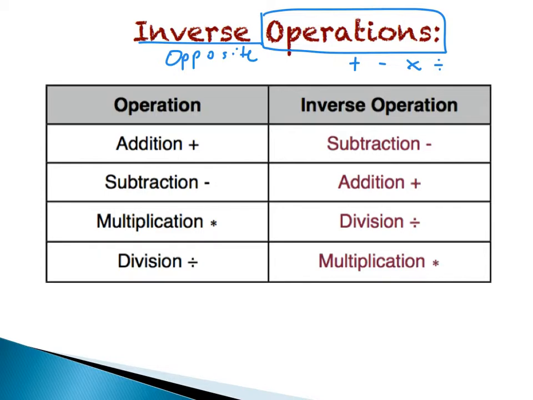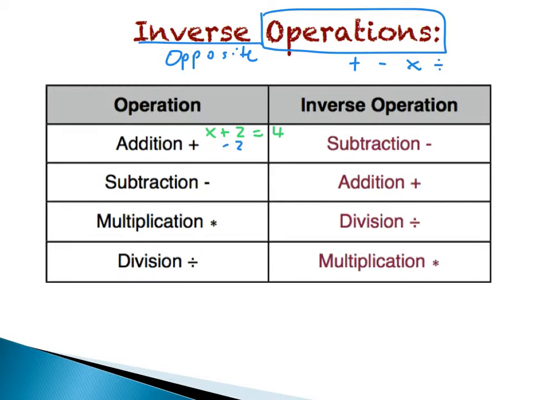All right, so if we see that we have addition, let's say, for example, I have x plus 2 equals 4, and I want to get x by itself. What I'm going to do is the inverse operation. Notice I am adding 2 to x, so to do the inverse, I'm going to do the opposite. I'm going to subtract 2 from x.